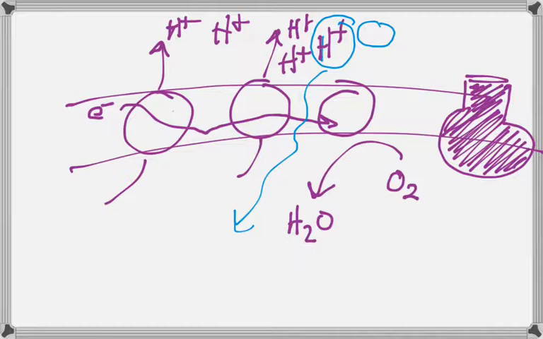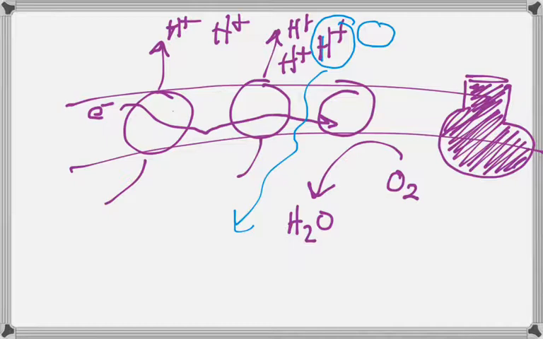Hydrogens are being pumped against the concentration gradient to the outside of the cell. They're diffusing back in. Those are the kinds of labels that I might expect to see that help bring this model to full fruition. Okay? So know that there are different ways that you can express yourself on the exam if you want.